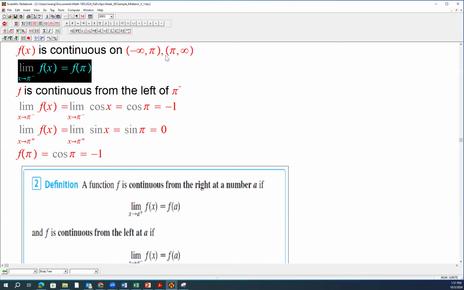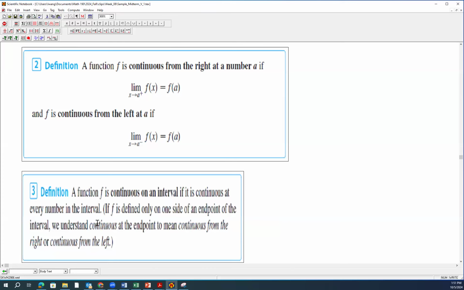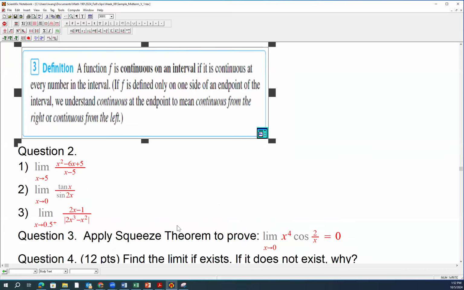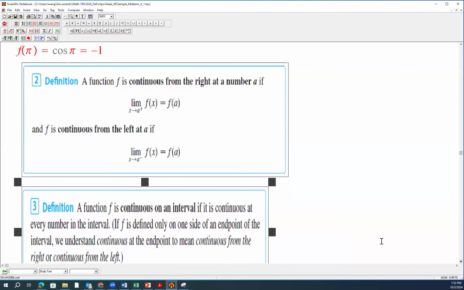If it's continuous from the left of pi, by the definition of a continuous function at a closed interval, if f is defined on one endpoint, we understand continuous at endpoints to mean continuous from the right or the left.